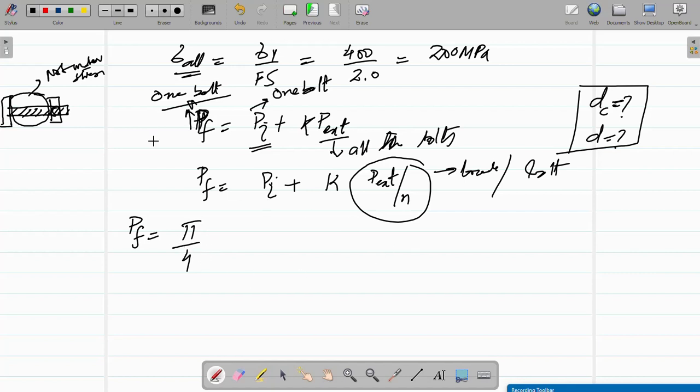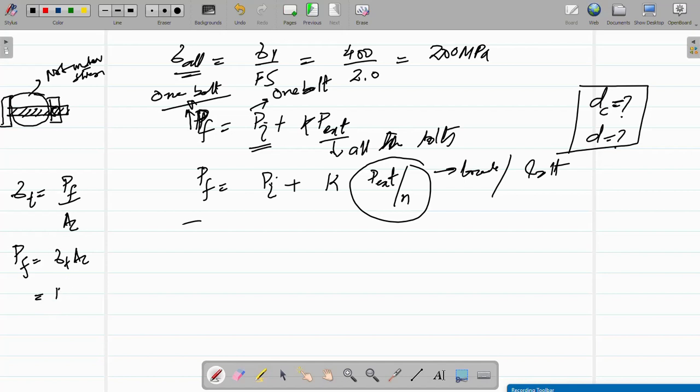Okay, so instead of writing it directly, you may get confused with this direct load. So just write here stress. So tensile stress is PF, which is fastener load, divided by area, which is the core area. So the PF, which is the fastener load in one fastener, is sigma T times AC.